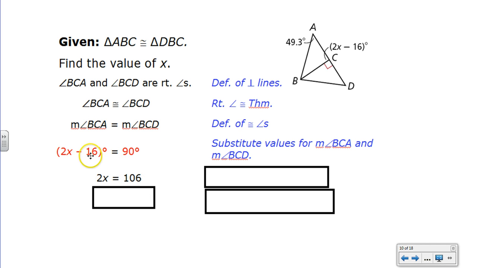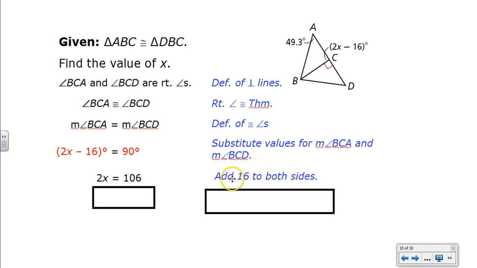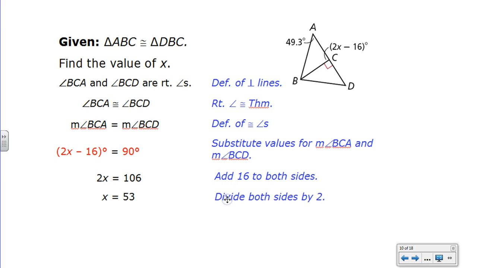On both sides they used addition, the addition property of equality. And then the division property would give us x equals 53, right? They say divide both sides by 2. Awesome. So you can check your work by substituting this back in. 2 times 53 is 106, minus 16 is 90 degrees.